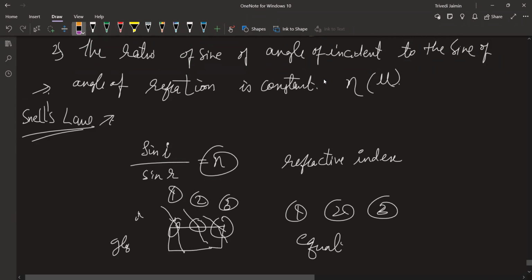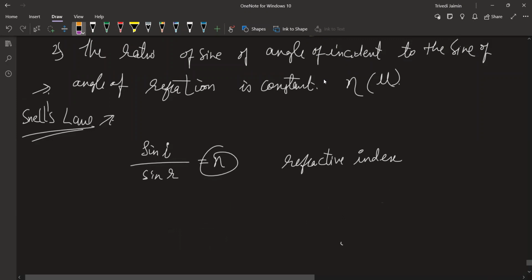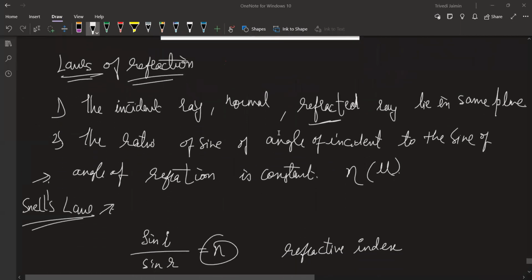Clear, everyone? Both laws clear? Aditi, yes, sir. Aaron, what about you?